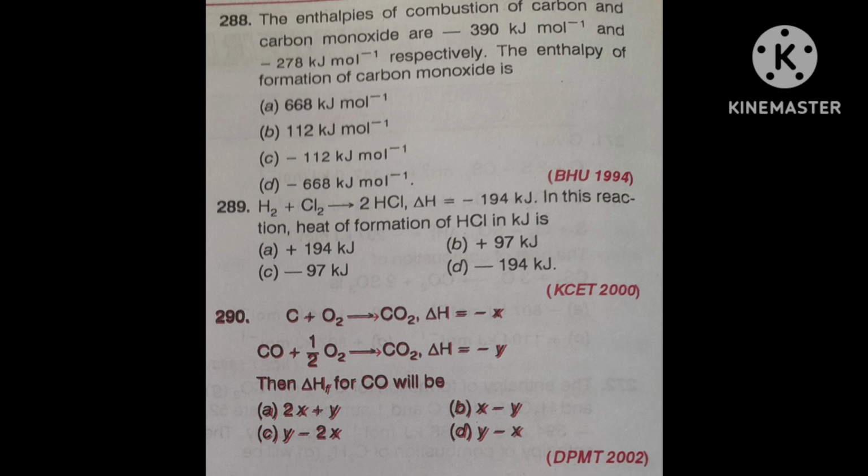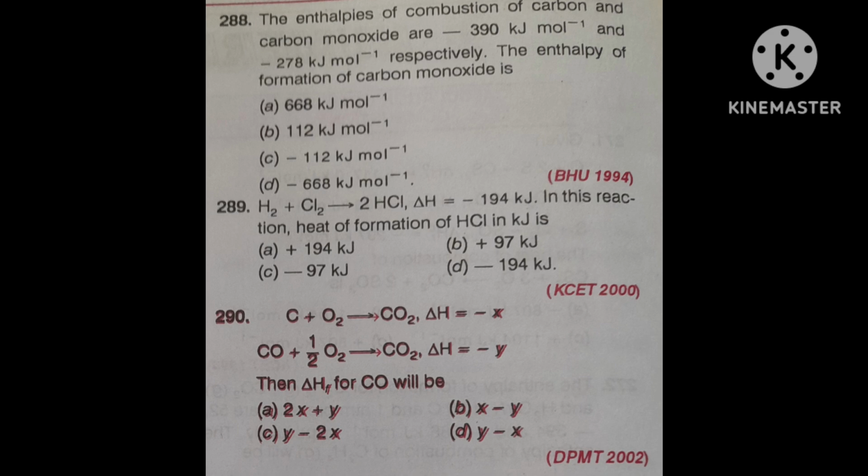Next question I am telling you. C plus O2 gives CO2 and delta H is equal to minus x. And the second reaction, CO plus half O2 gives CO2, delta H is equal to minus y.